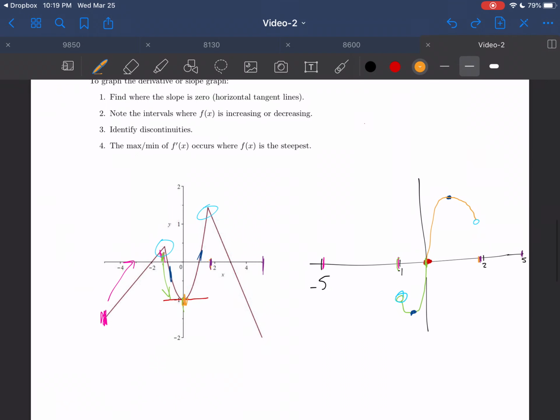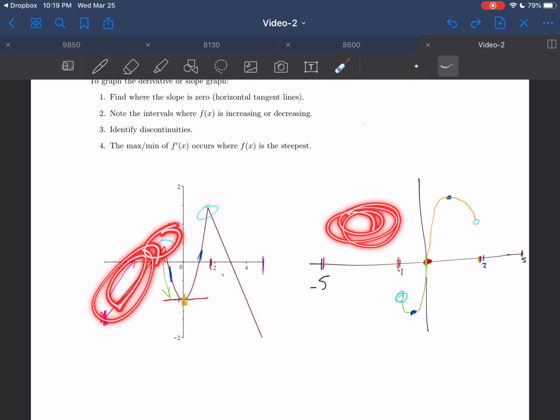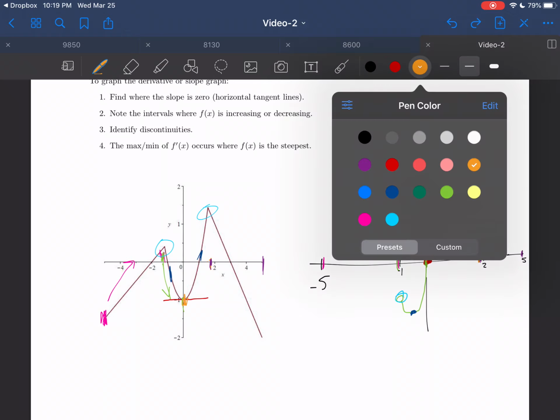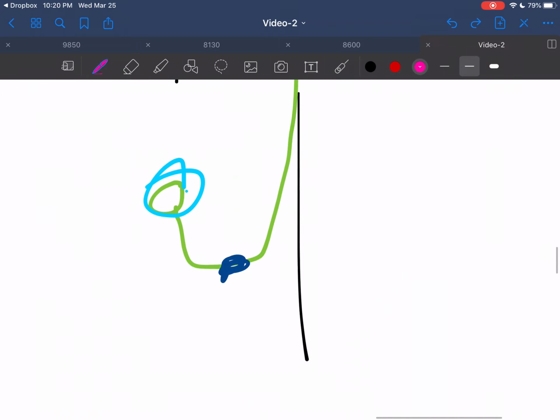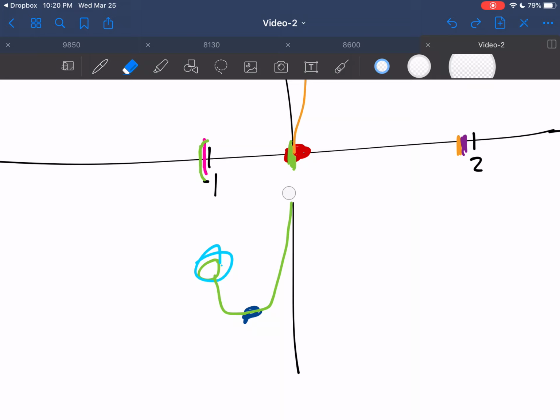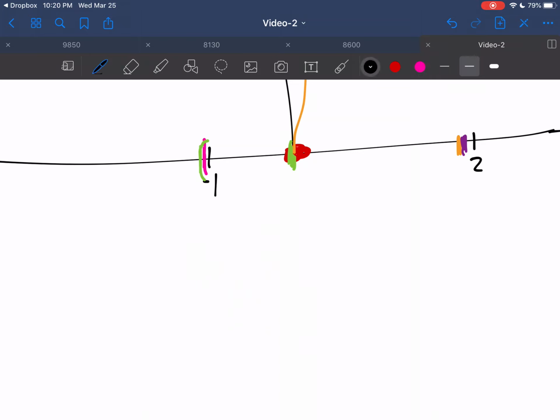All right, and then beyond that is just filling in the rest of it to match. We're increasing on this first interval, and we know we'll have a discontinuity here, so we're increasing, so we'll be up here somewhere. So we can say, well, because it's, shoot, I did that wrong. Sorry, guys, I wasn't paying attention to what I was doing.